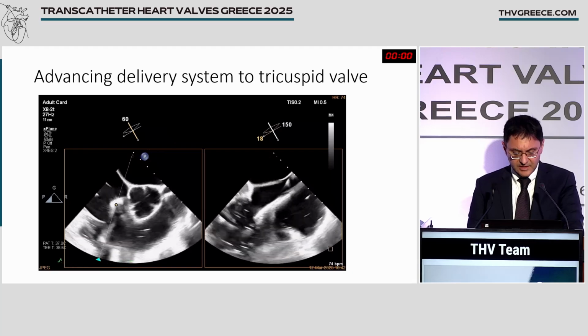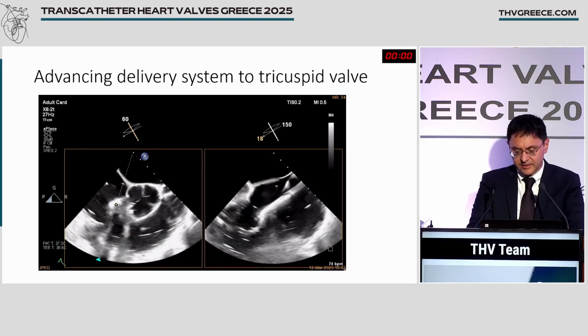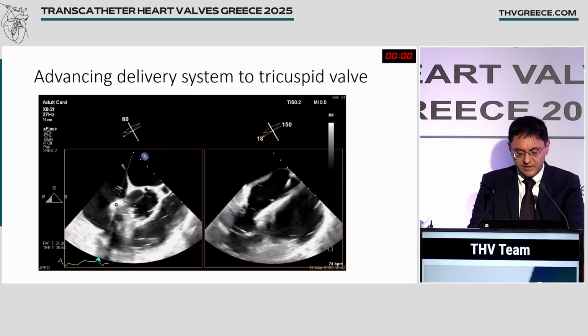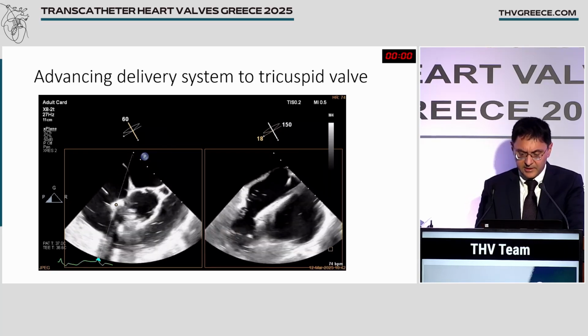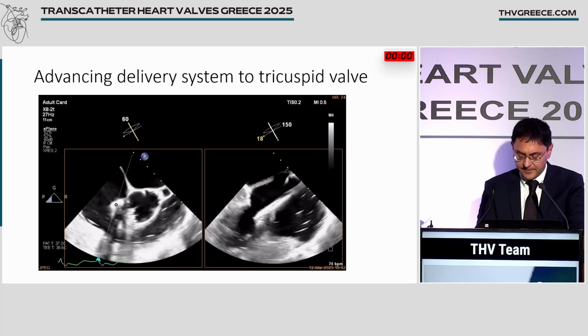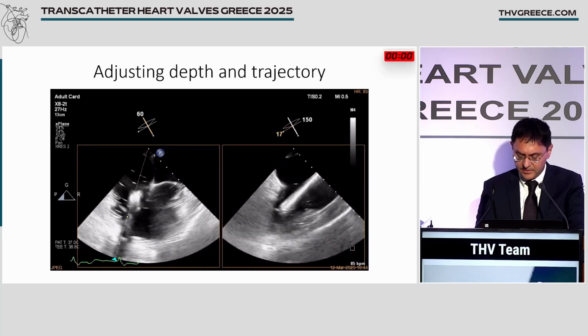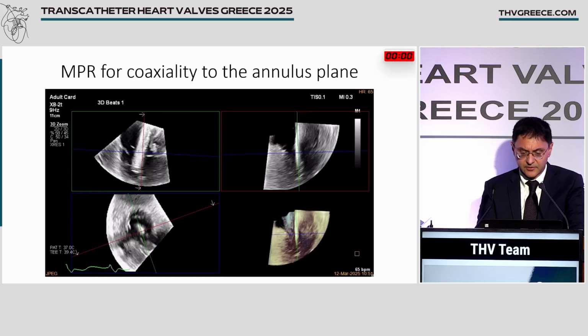We assess the delivery system and the positioning of the valve to be coaxial to the valve. We check the anterior, posterior, and septal lateral, and we correct it through maneuvers. We adjust the depth and the trajectory.